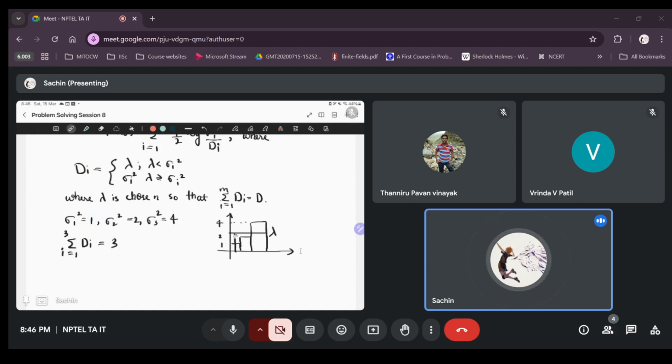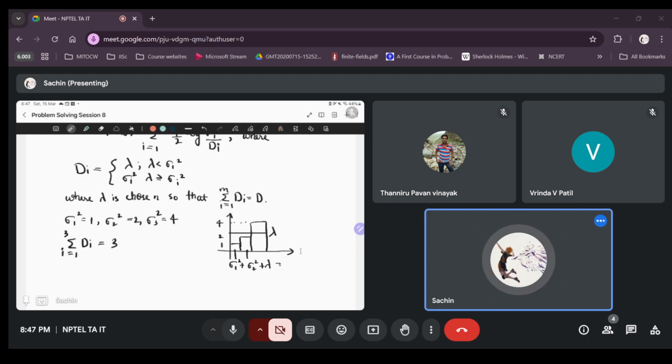So if you choose your lambda like this, then lambda is greater than sigma square for this value and this value. Then you will have to add these two sigma squares. And sigma 3 square is greater than lambda, so we'll have to add lambda to it.